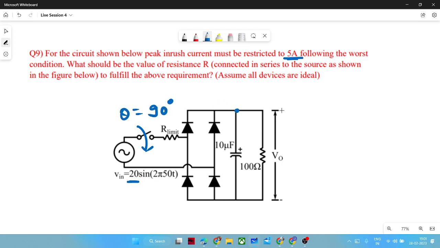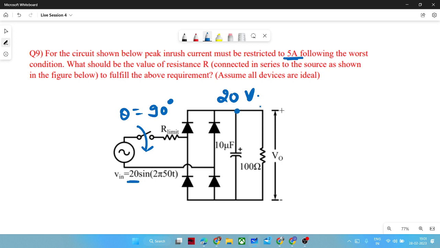Now your capacitor will see the voltage of 20 volt, right? Your limit of inrush current is given, that is 5 ampere. The peak inrush current must be restricted to 5 ampere. After 5 ampere, you cannot afford more, right?